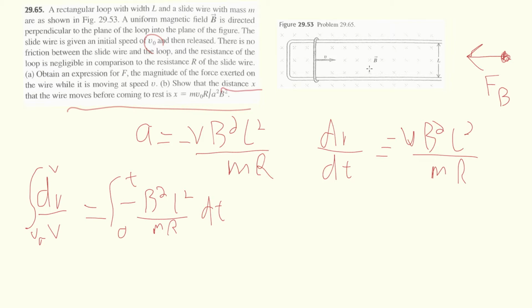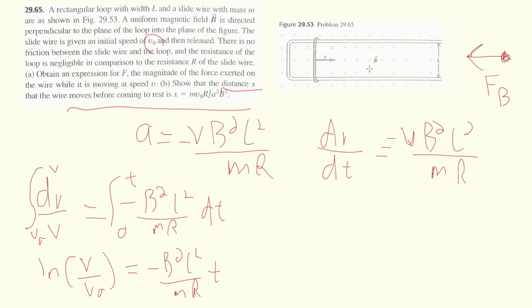So it's going to be the natural log of V minus the natural log of V naught, which is going to end up being ln of V over V naught. And this is all just going to be negative B squared L squared over MR, all times T.